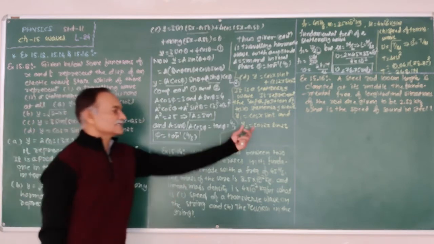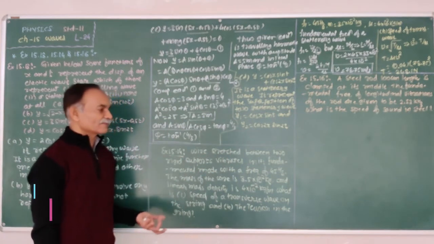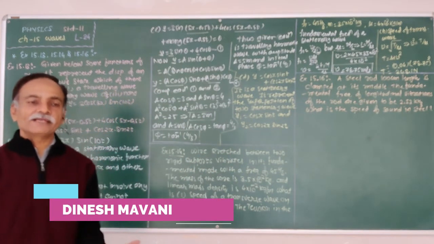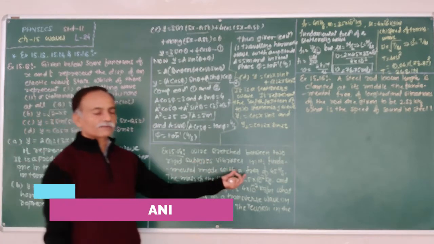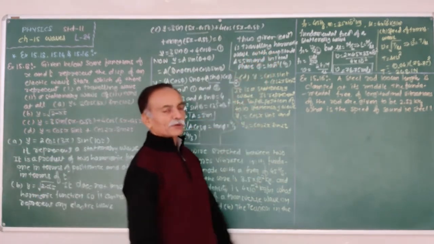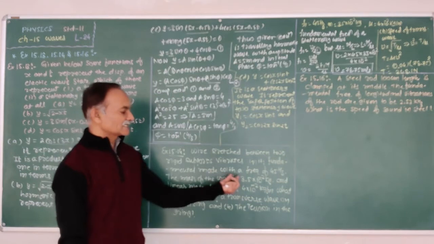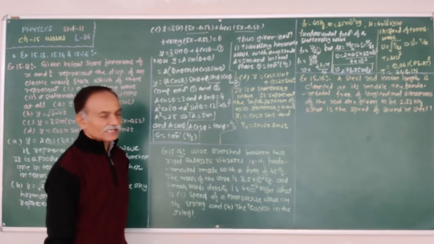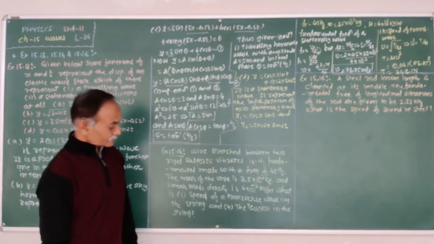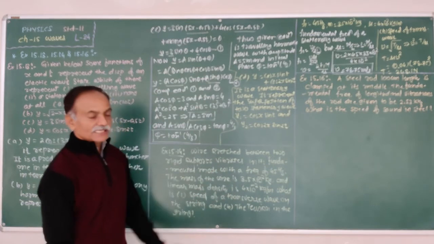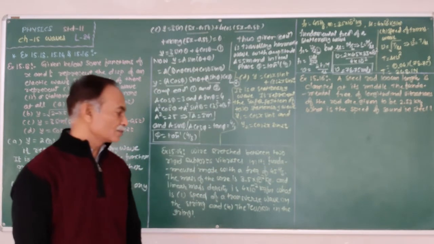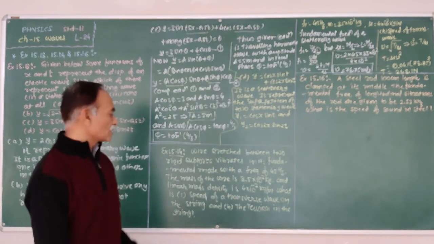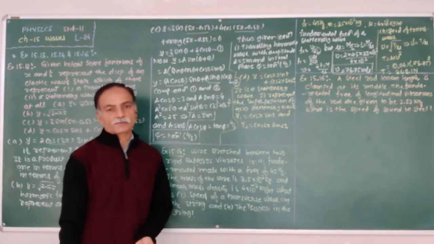Again, the wire stretched between the two edge supports vibrates in its fundamental frequency of 45 Hz. F1 is given 45. Mass of the wire is 3.5 into 10 to the power minus 2 kg, and linear mass density is given 4 into 10 to the power minus 2 kg per meter. What is the speed of a transverse wave?